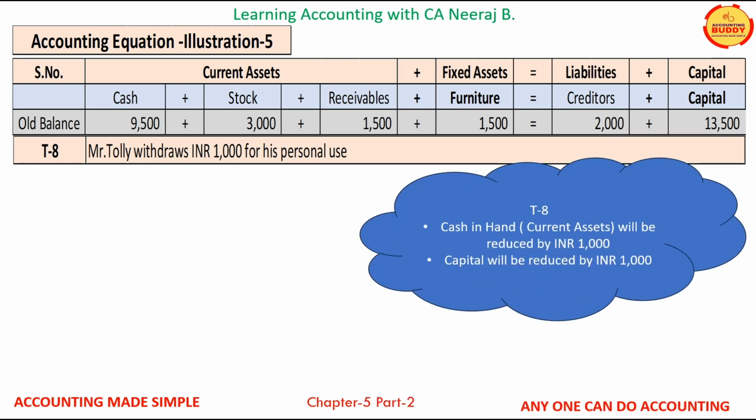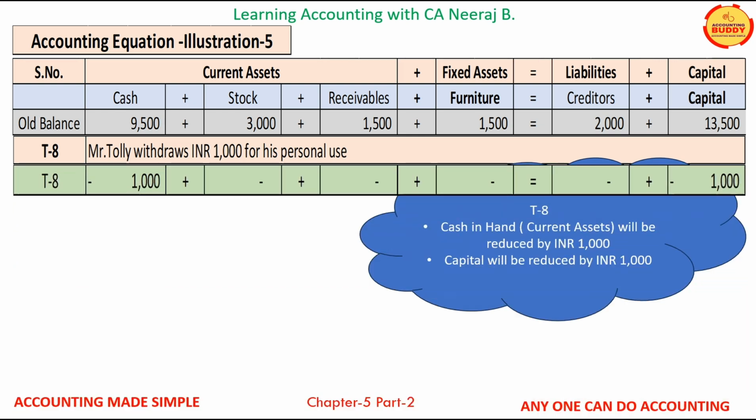If we analyze this transaction, the two accounts which are getting affected are cash on the asset side and the drawings, which will affect the capital on the right hand side of the accounting equation. Cash will be reduced by 1,000 and the capital will also get reduced by 1,000.